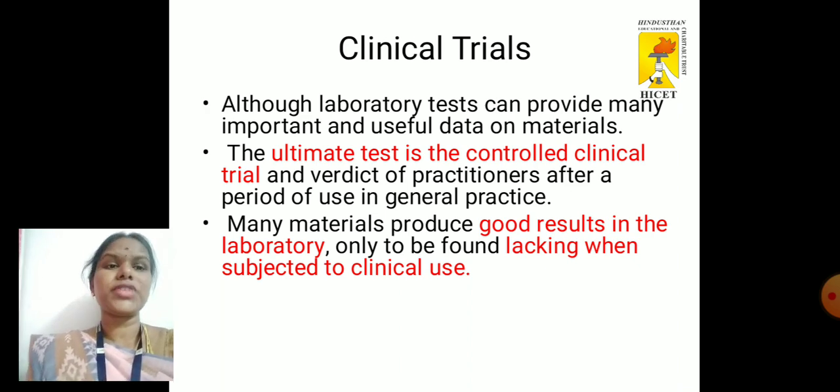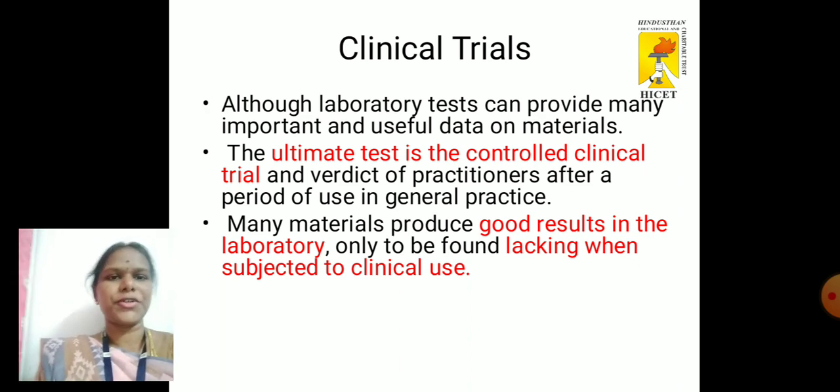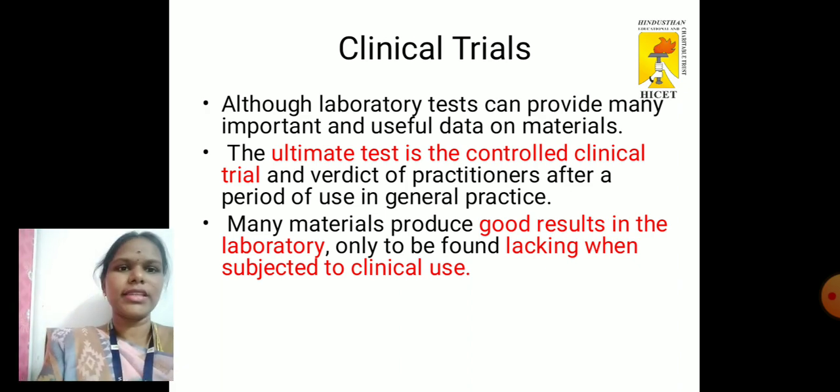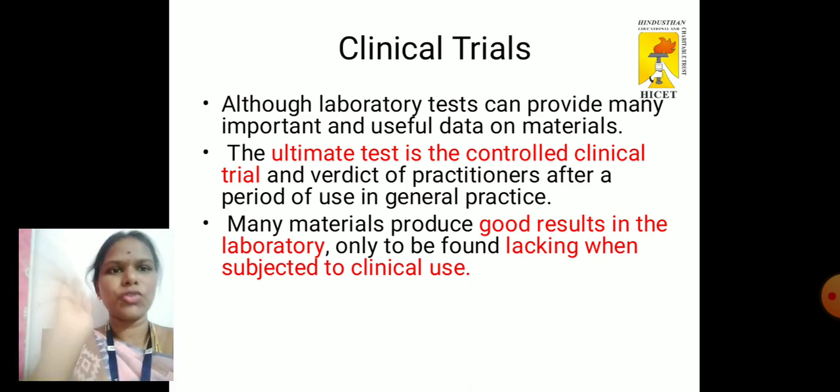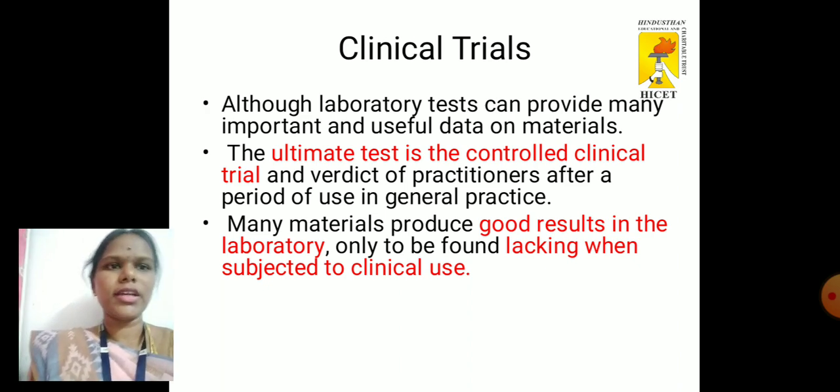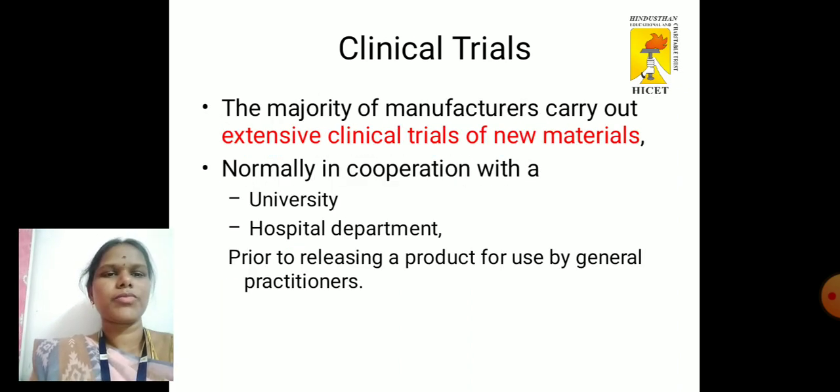Although the laboratory tests can give good results on the materials, the ultimate test is controlled by the clinical trials, because many materials that produce good results in the laboratory are found to be lacking when they are directly fitted to clinical use. So when it comes to clinical use, the function and results of the material may be lacking.